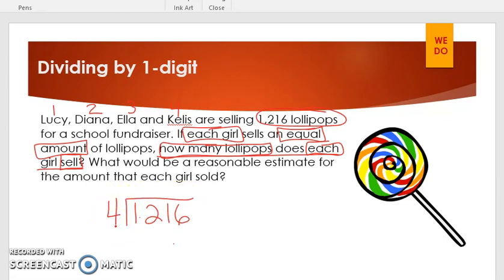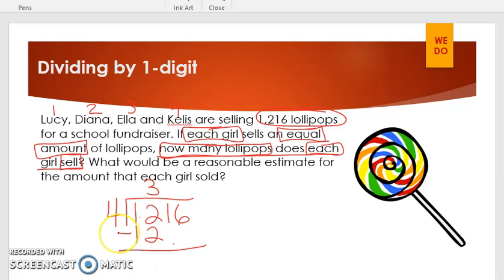The first thing we're going to ask ourselves is, can 4 go into 1? And the answer is no. We can't have 4 girls and divide the lollipops by 1. So we're going to next ask ourselves, how many times does 4 go into 12? 4 goes into 12 3 times. 4 times 3 equals 12.